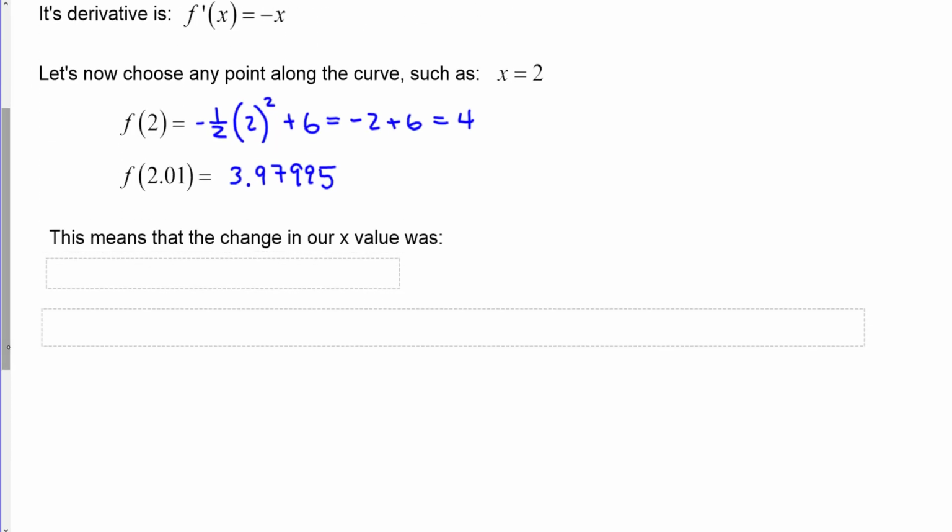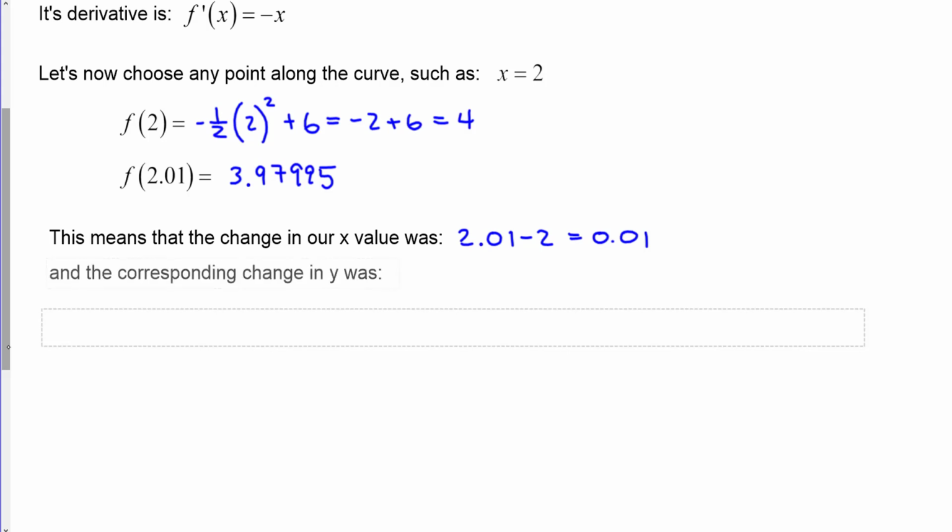So, if we work this through and look at the details, the change in our x value was, we went from 2 to 2.01. So 2.01 minus 2 is 0.01. We had 1/100th of a change, so 0.01.